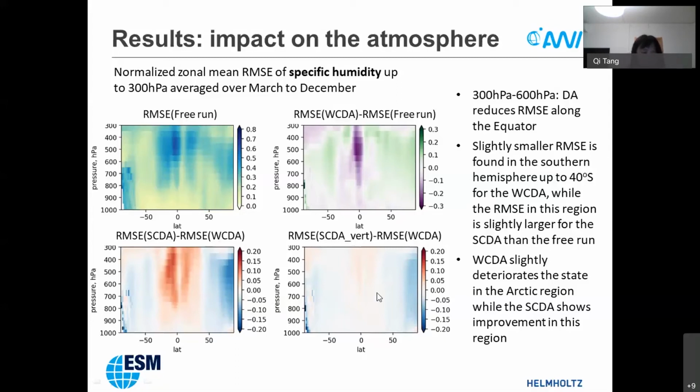And similar to the temperature and wind velocity, the humidity difference between the strongly coupled data assimilation with vertical localization and the weakly coupled data assimilation is mostly minor, except for this Arctic region, where we see the smaller RMSE for the strongly coupled data assimilation with vertical localization.